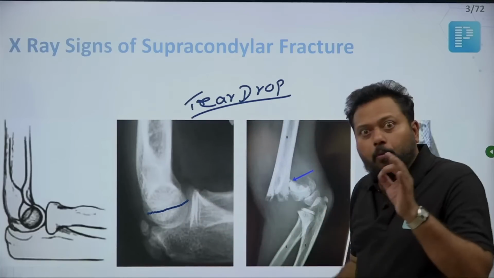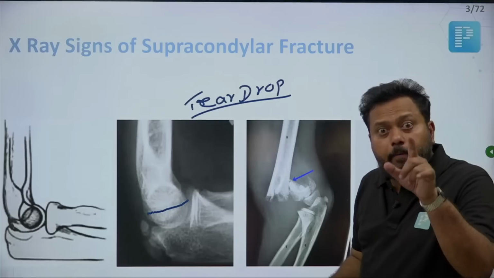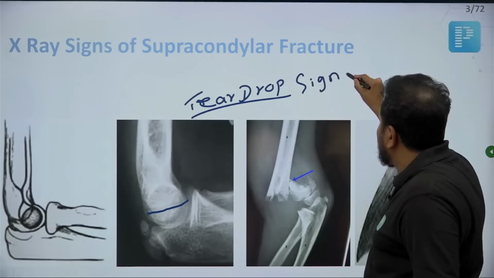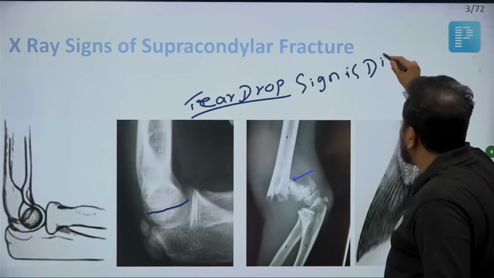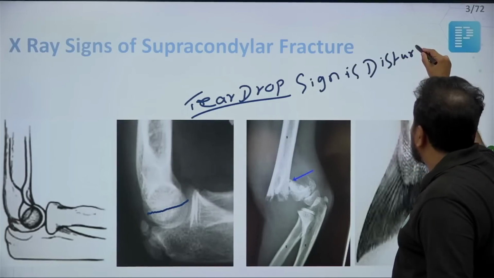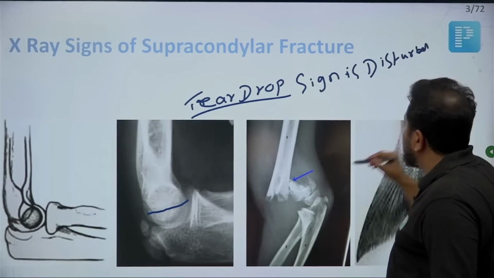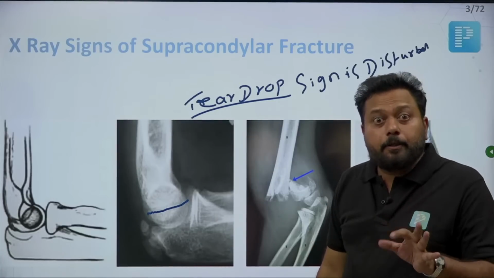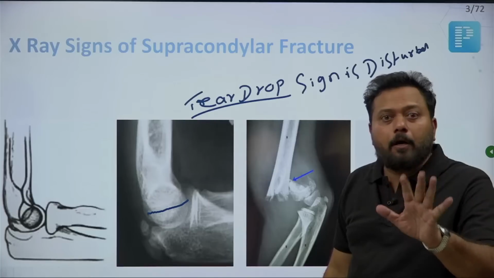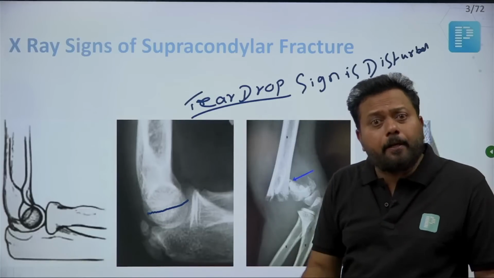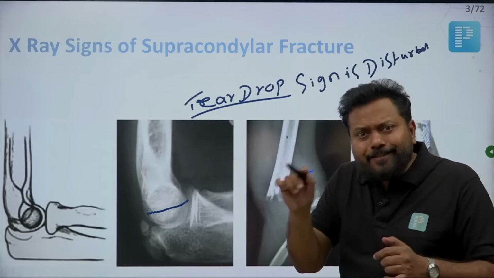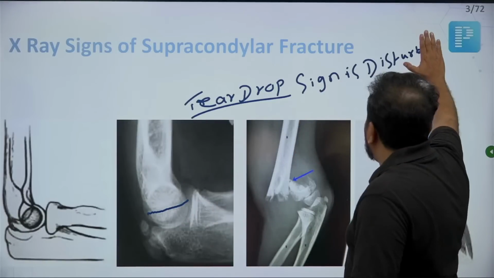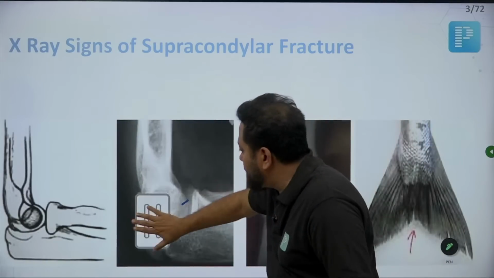So what you want to write in the entrance is, normal teardrop sign is disturbed. Many of the entrance books say teardrop sign seen. That is wrong. Teardrop sign is seen normally in all of us. It should be disturbed by the fracture line. Okay, normal teardrop sign is disturbed.